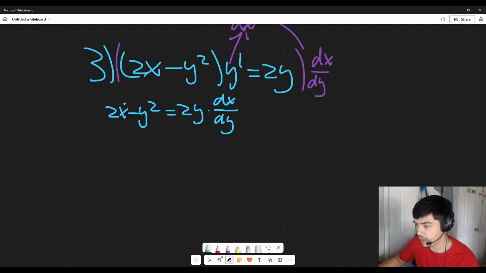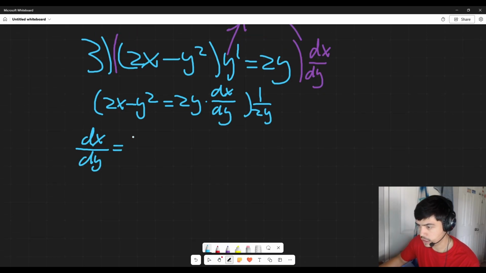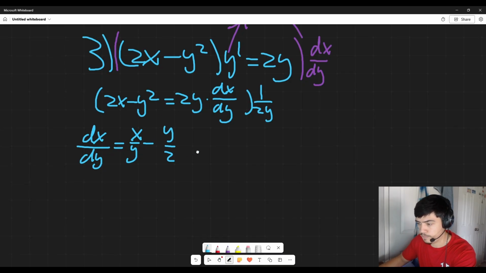So we need to divide everything here by 2y, and I'm going to write this with the dx dy on this side, because that's how we like to read it from left to right. Dividing everything by 2y, this 2x just turns into x over y, and then here we have just y over 2.